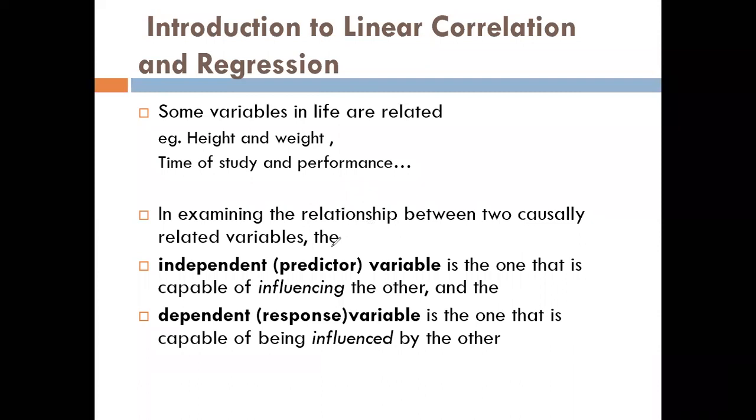In such cases, the variable that predicts or is capable of influencing the other is referred to as the predictor variable, whereas the variable which is influenced is referred to as the dependent variable.